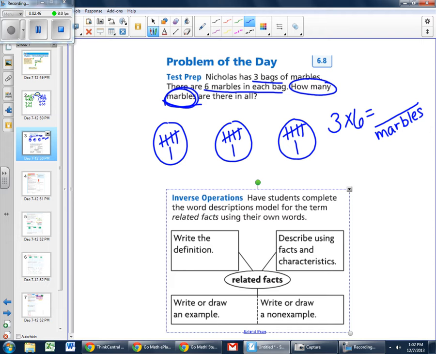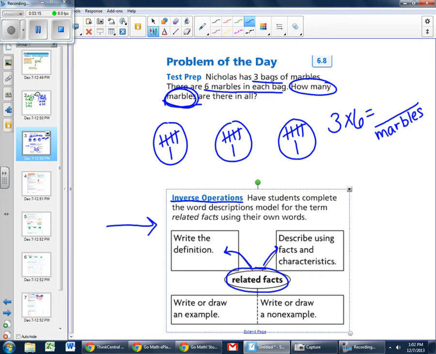An added thing today, we're talking about another journal entry. So underneath problem of the day in your journal, you will need to do this. Looking at inverse operations. It says have students complete the word description model for the related facts using their own words. You may want to wait to do this until the end of the unit, but in the middle of this graphic organizer they have related facts. It wants you to write a definition in this box.